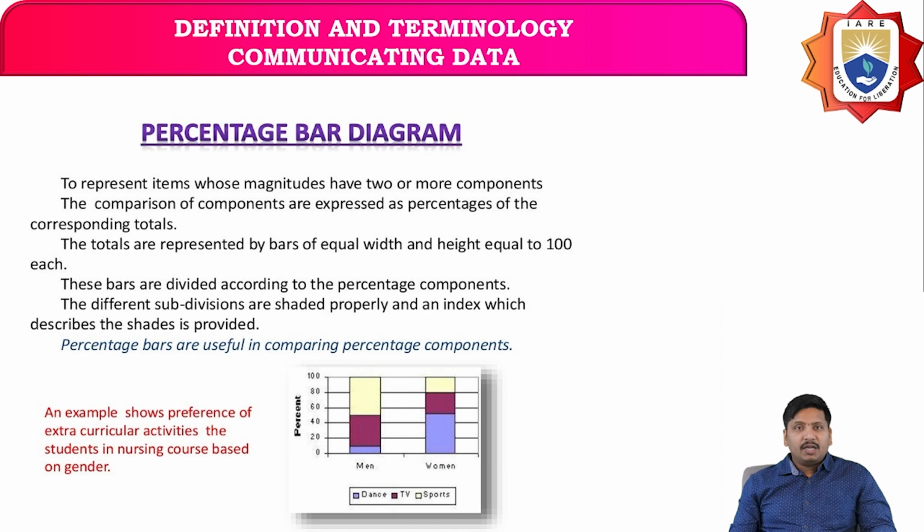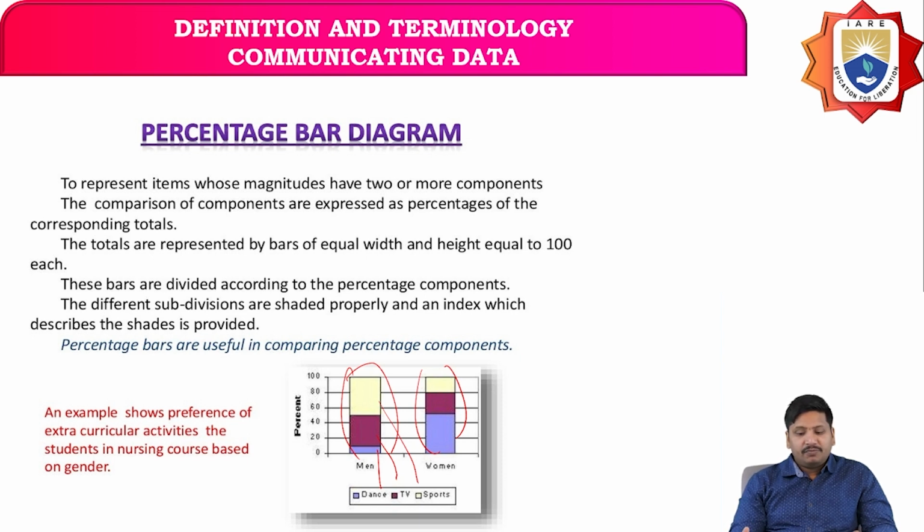And percentage bar diagram means here the height of each bar should be mapped to 100%, and these bars are further divided into different segments, which present the different information. So your blue represents dance, and TV, maroon, and yellow is for sports.